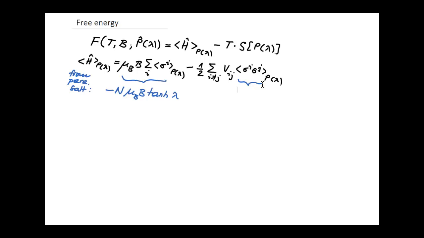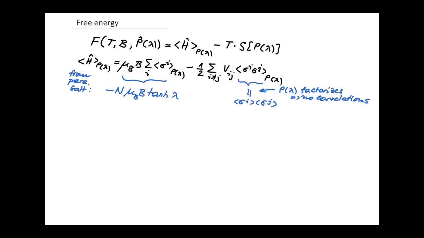So you have a tensor product of independent spins, and there are no correlations in that state. This means that the expectation value of this product of sigma i and sigma j is simply equal to the product of expectation values. As I said, this is because rho of lambda factorizes, and hence there are no correlations. This implies that the expectation value simply factorizes.